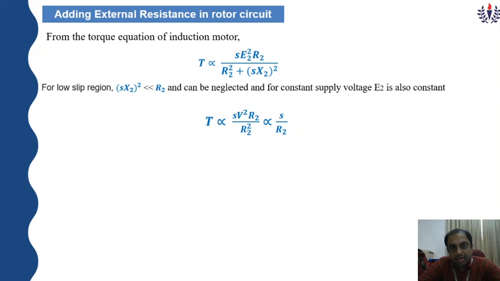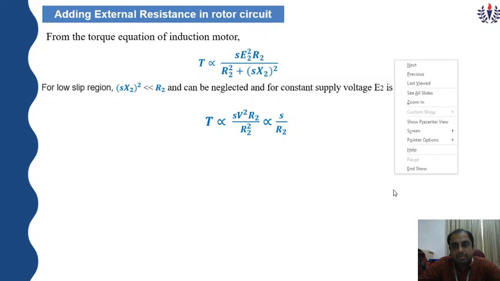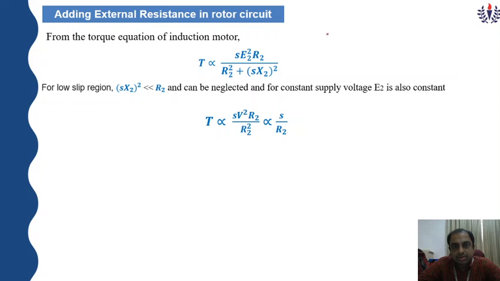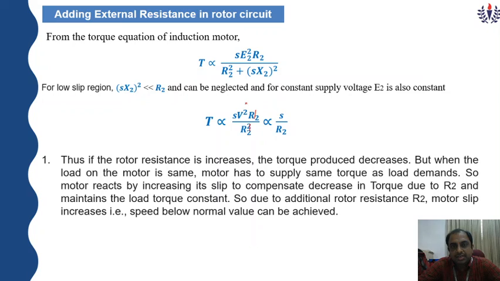So S X2 can be neglected, and for constant supply voltage E2 is also constant. Therefore the torque is directly proportional to S V square R2 divided by R2 square. One R2 cancels, and you get S by R2. Since the voltage V is constant, the torque is proportional to S by R2. If the rotor resistance increases, the torque produced decreases.